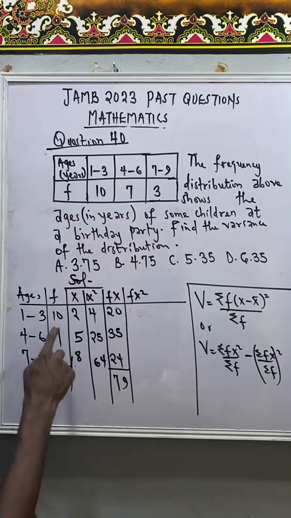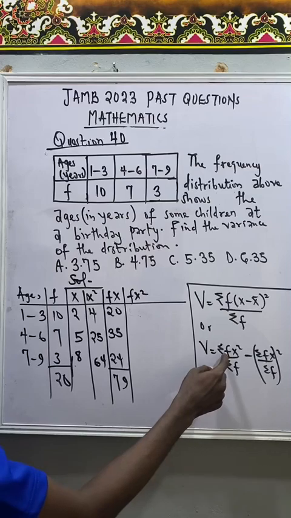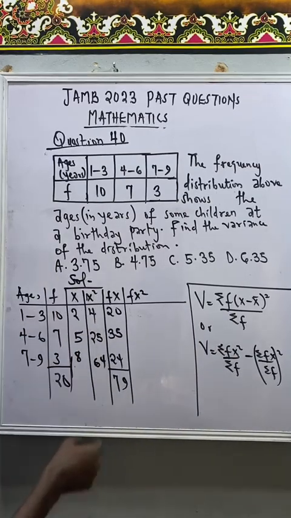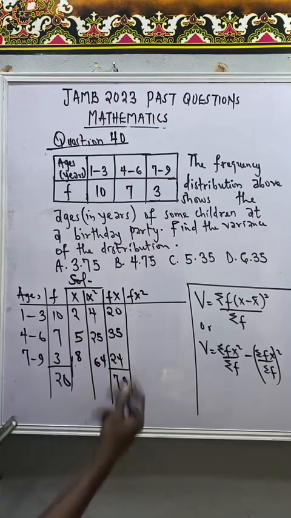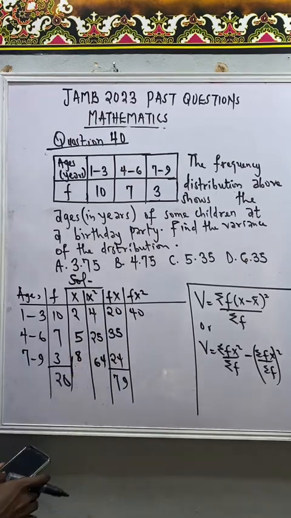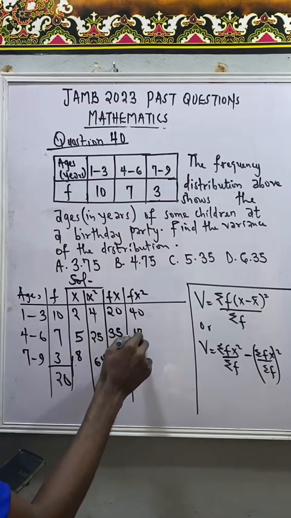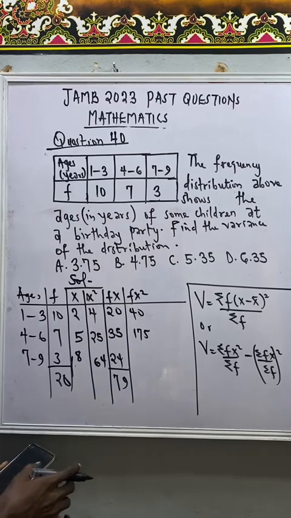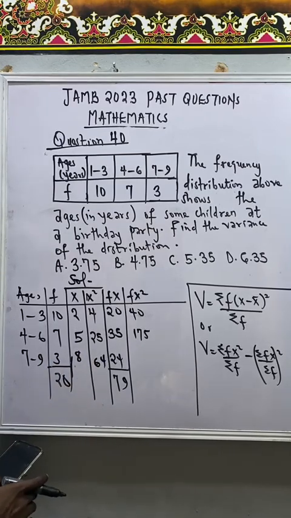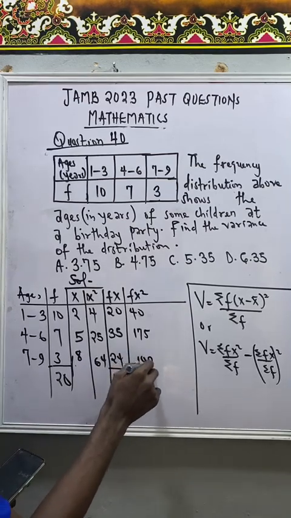Good. Let's move on. I need to multiply f by x squared. So that means this column and this column. That's 10 times 4 in the first case. That will give me 40. 7 times 25. That's 175. Followed by 3 times 64. That's 192.